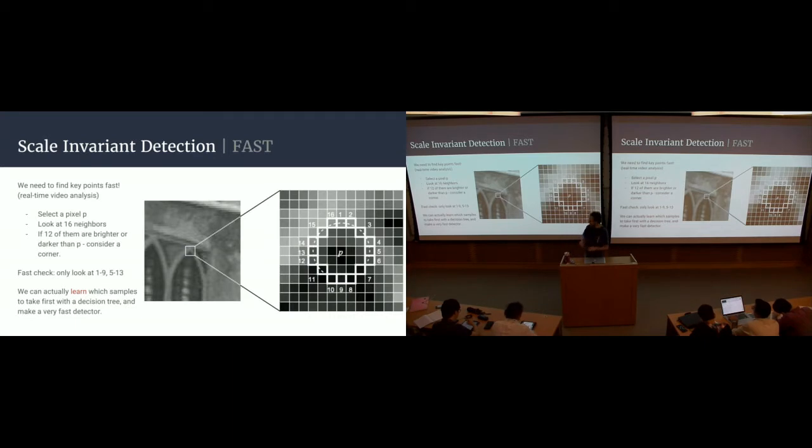So you are at the center pixel, and you want to know if this is a corner or not a corner. So you look around the center pixel. If most of the pixels are either brighter or darker than this pixel, then it's a corner, right? That makes logical sense, right?